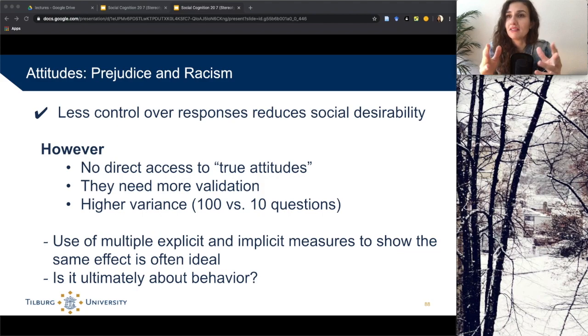Therefore combining different ways of measuring the same thing might actually be the best way for now that we can try to measure attitudes, in particular with social desirability laden questions like racism.